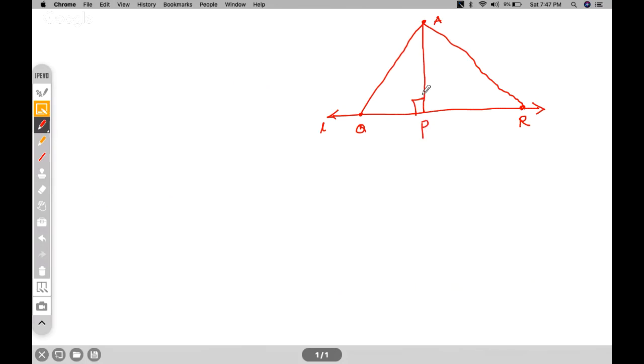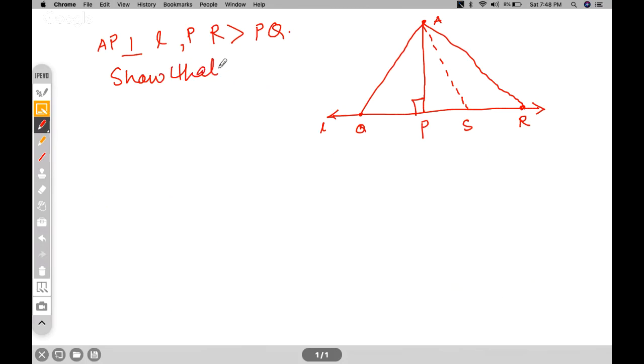So this is AP. And this is the angular bisector AS of angle S. So I am saying AP is perpendicular to L, and I am also giving you the information that PR is greater than PQ. You have to show that AR would be greater than AQ.